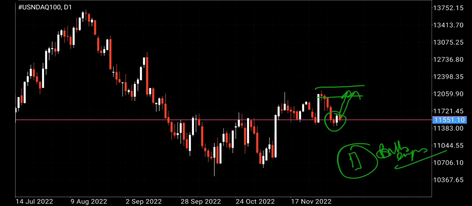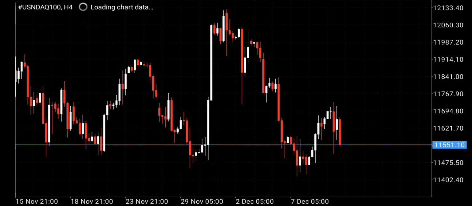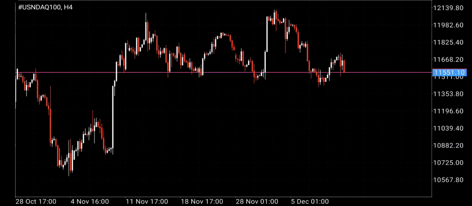But it's not gonna be easy for them with weekly, monthly, and everyone pushing to the downside. But if you get your buy trades there, you just need to keep in mind that they are for short term, nothing else. So let's check what we have on H4.